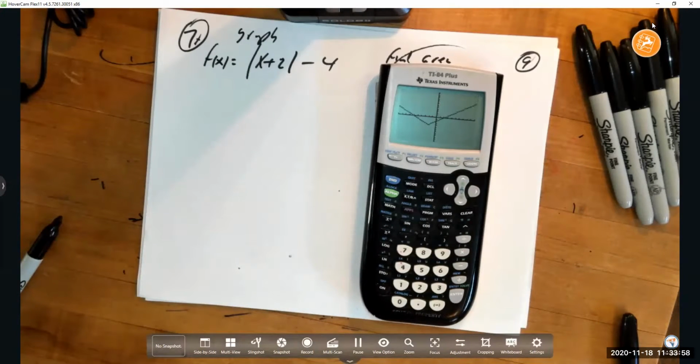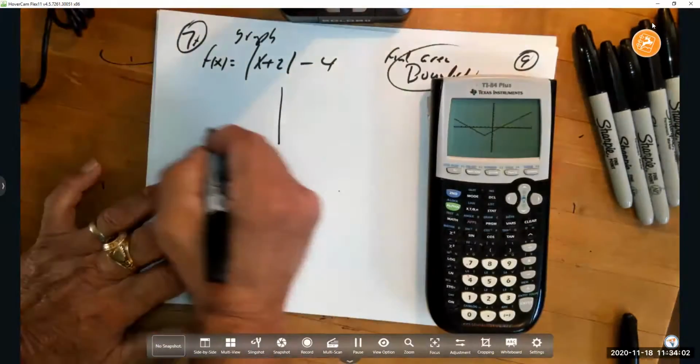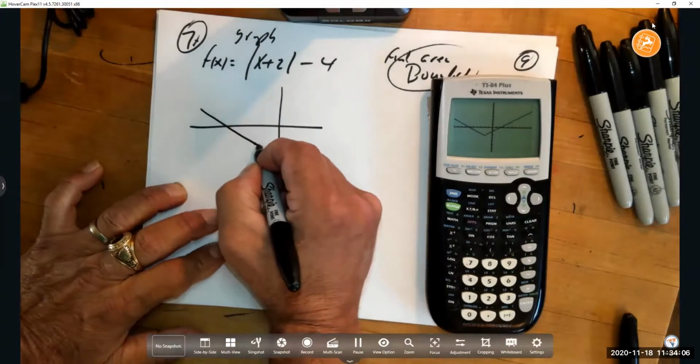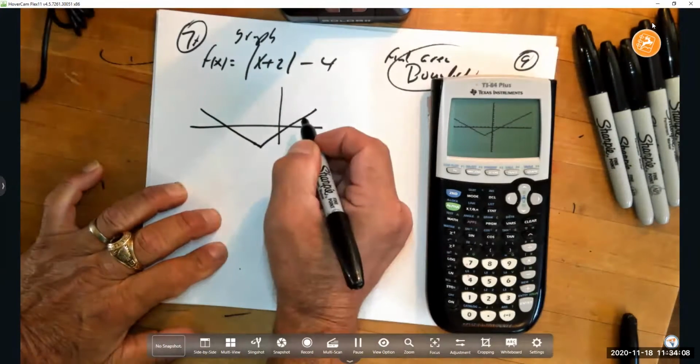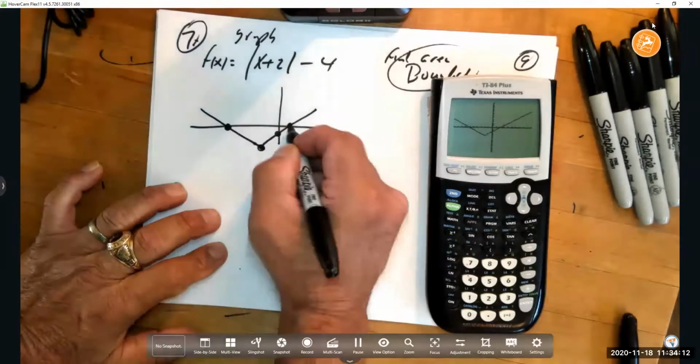Okay, I got a V-shaped looking thing like that. Let me just copy mine. It goes down here, and then it goes back up that way. A spot there, a spot there, a spot there, and a spot there. That's where it hits the graph.